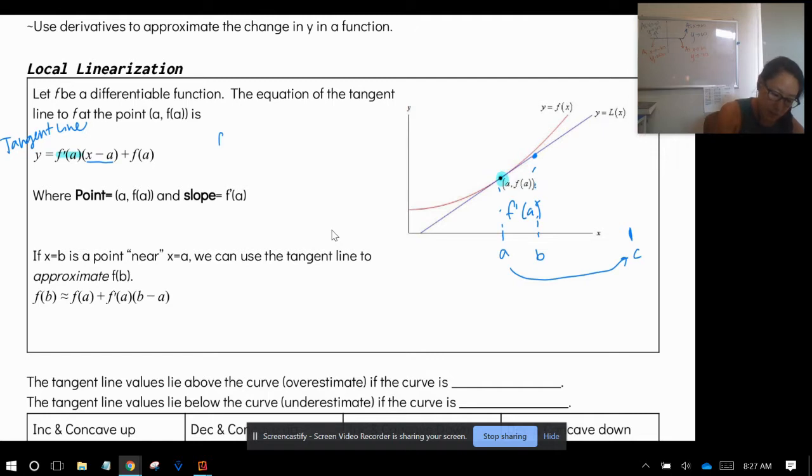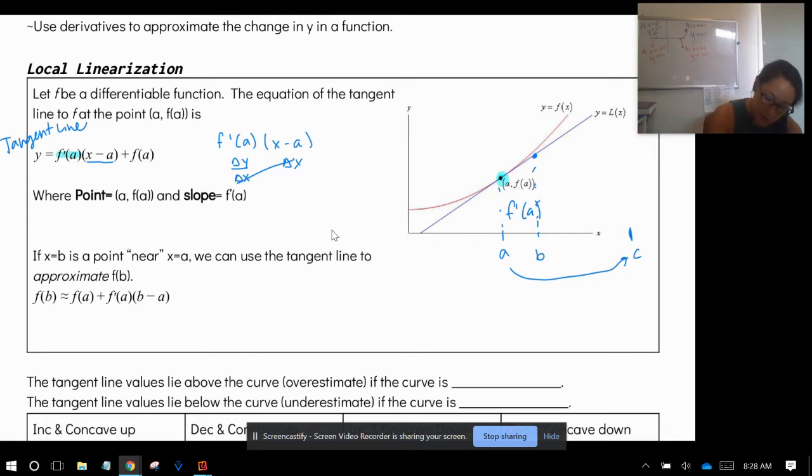So f prime of A, another way to say that is the change in y over the change in x, or dy/dx. And x minus A is the change in x. So then you see the change in x cancels, and it just gives us how far we're moving in the y direction.